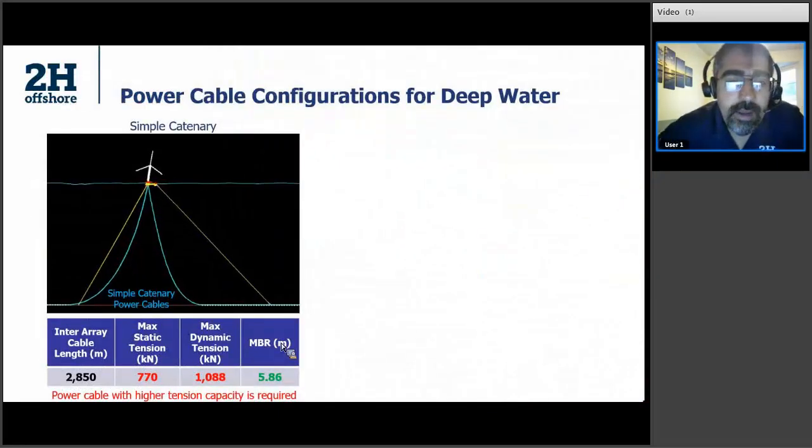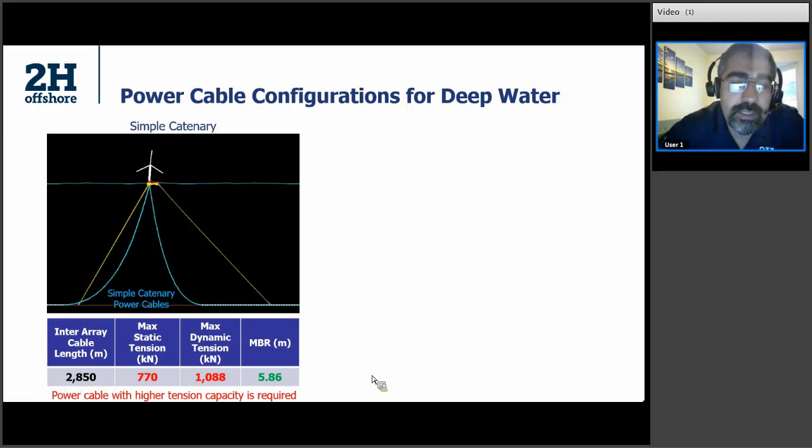Starting with a catenary option for deep water. Normally in shallow water, the catenary is not an option because of the bending radius at the touchdown. But in deeper water, a catenary power cable can be a feasible option. As you can see, it can meet the MBR limit. It is more than 5 meters, so it is not as severe.